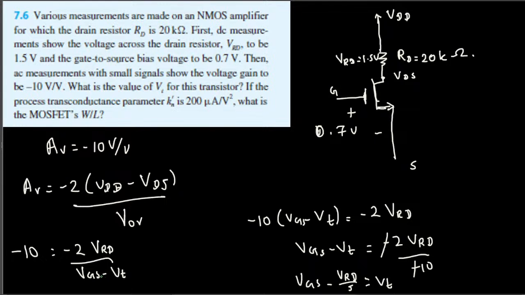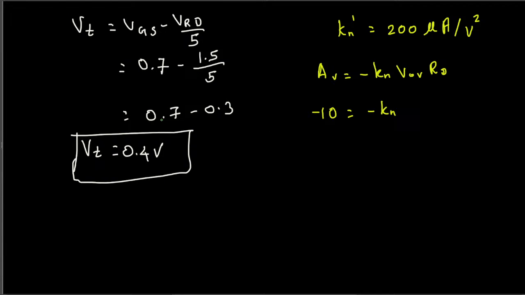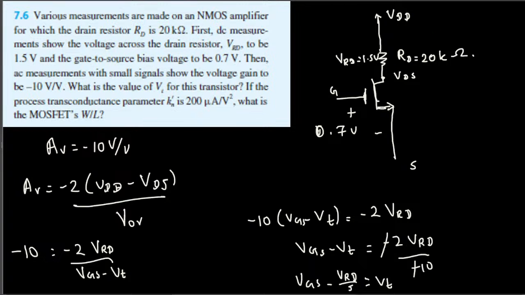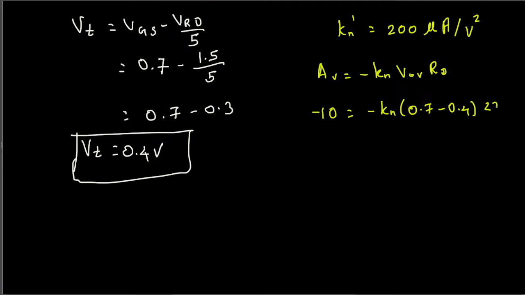We have the VGS available, that is 0.7, and V threshold we just found out to be 0.4, so we can plug that one right here. VOV is VGS minus VT, so that is basically 0.7 minus 0.4, and then RD is available to us, that is 20k ohm, so put that one right here as 20k.